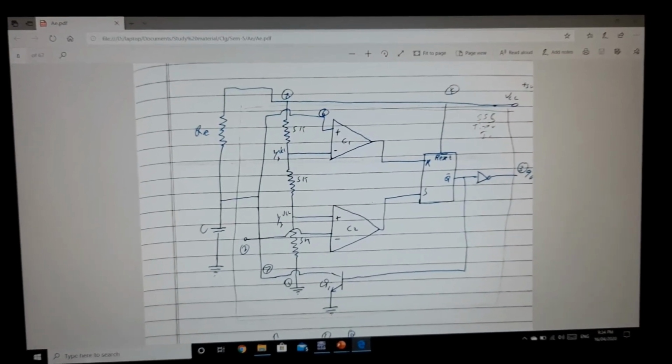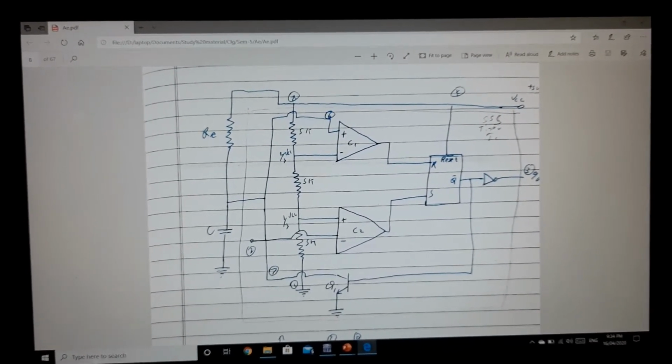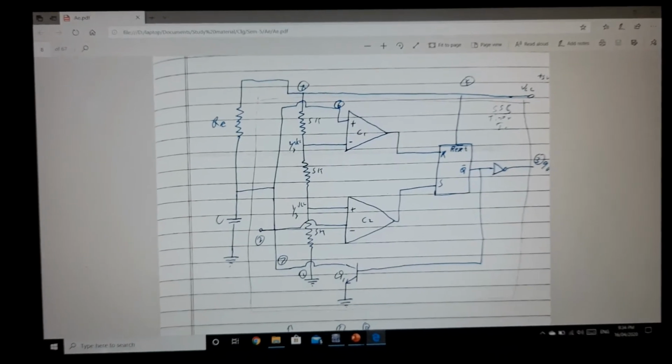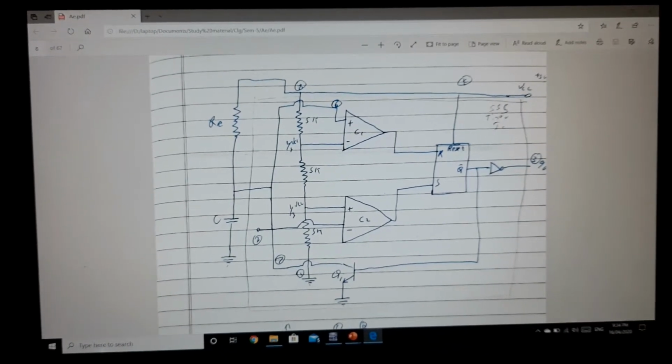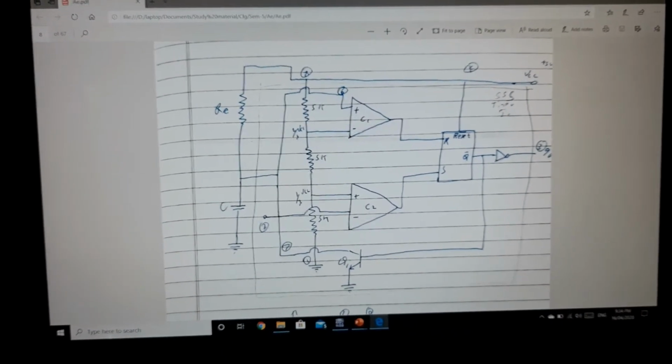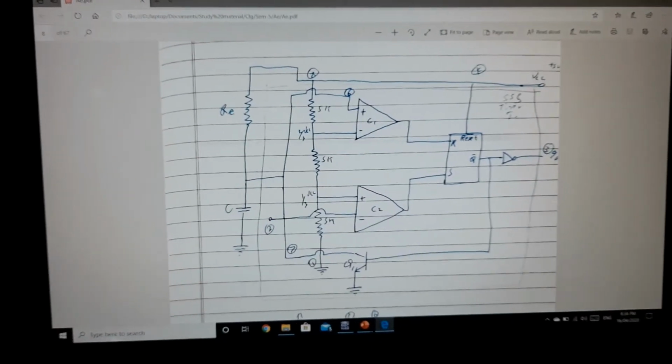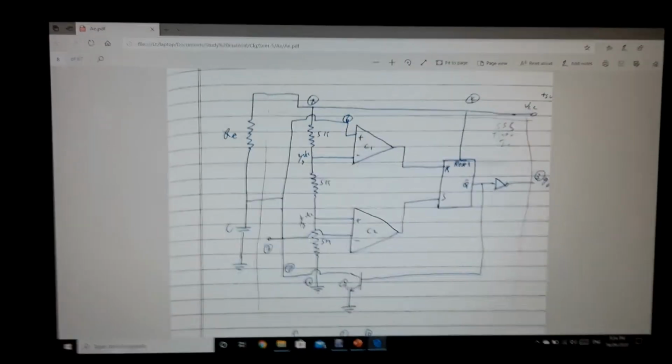So whenever the value of the resistance is 0, the firing of the triac would be at 0, and it will vary up to 10 milliseconds.